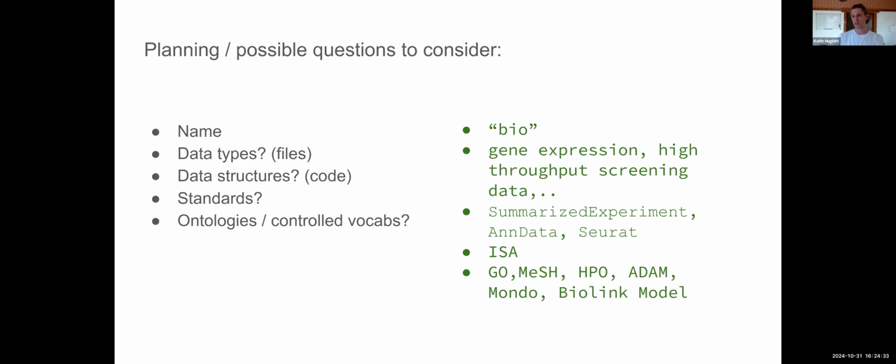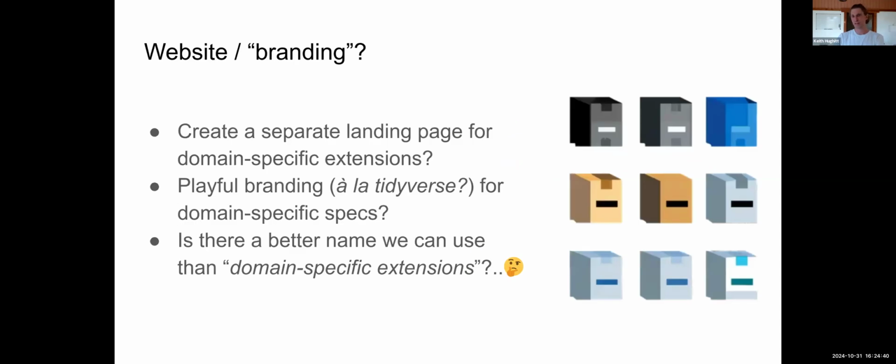And then ontologies, we can also think about linking to ones that are useful. Website and branding, it would be good to think about how we want to present these different domain-specific extensions. One could imagine creating tidyverse-style little cute packages with different domain icons on them.